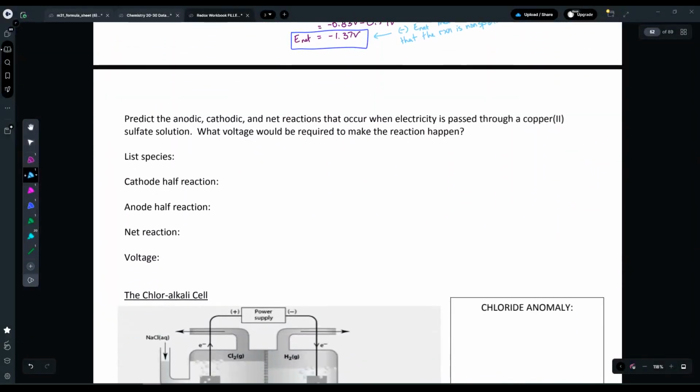All right, moving on. We're asked to predict the anodic, cathodic, and net reactions that occur when electricity is passed through a copper 2 sulfate solution. What voltage would be required to make the reaction happen? So this last part is just asking us to find the electric potential of the cell.